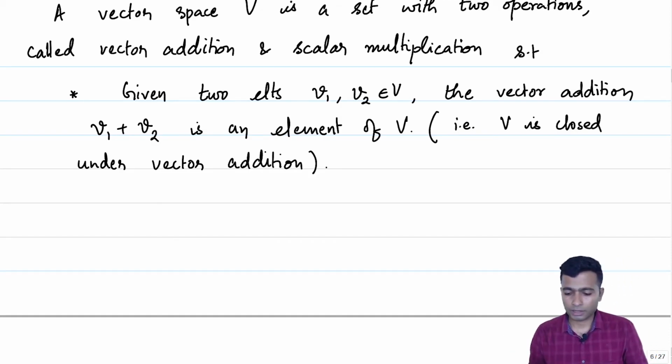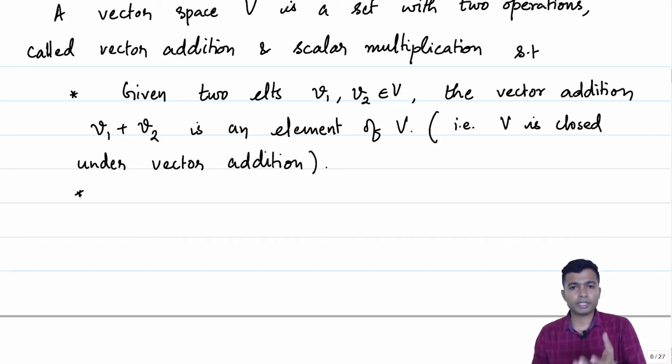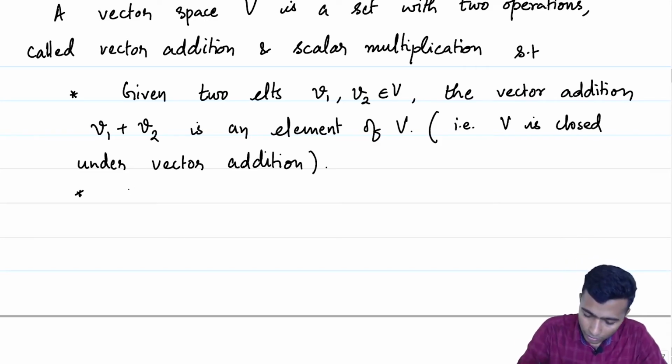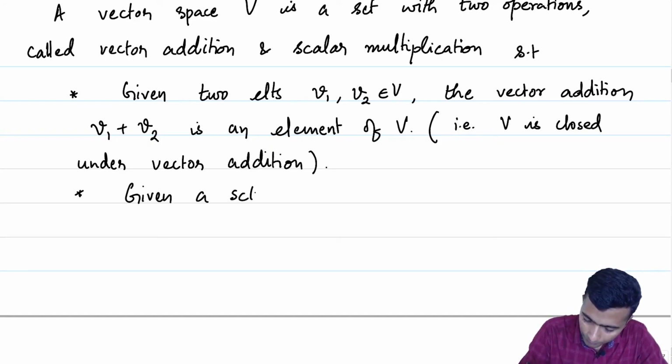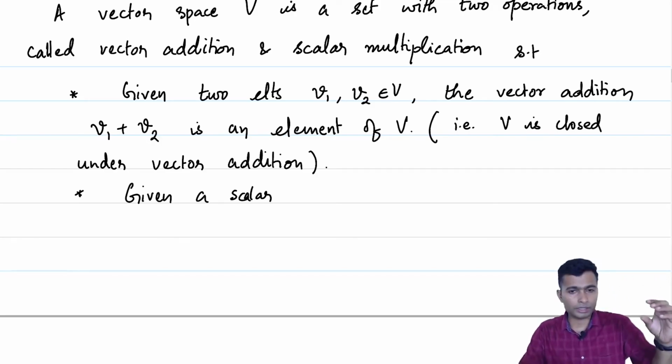And similarly, the scalar multiplication. Given a scalar and a vector, we can talk about scalar multiplication, and the set V is closed under the operation of scalar multiplication. Recall that scalar multiplication involves multiplying an element by a scalar.